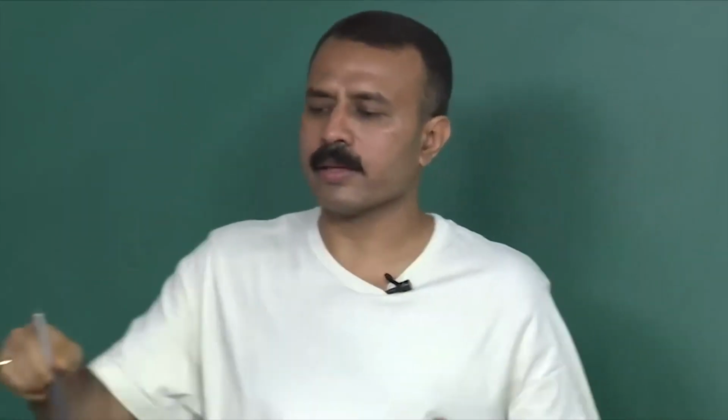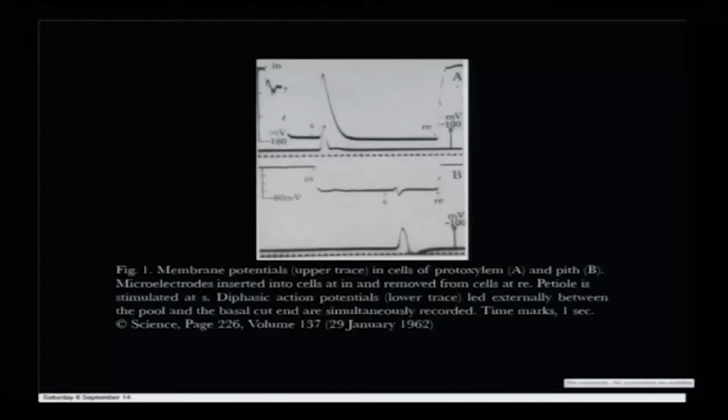Now, if you refer to the slide, that is exactly what you will see: the membrane potentials in the upper trace in cells of protoxylem. That was the contention of Shibioka. And the pith, in B, where you will see the microelectrode inserted into cells at In and removed from cells at Re.